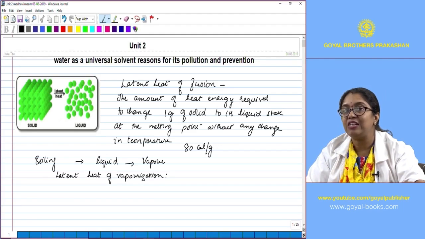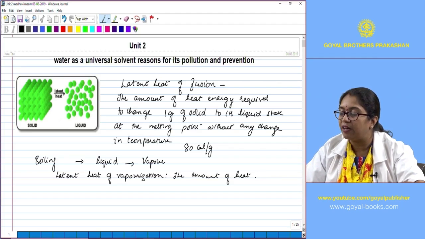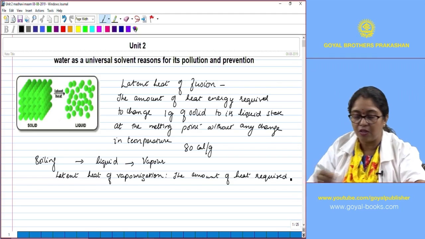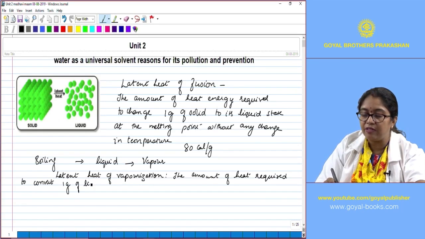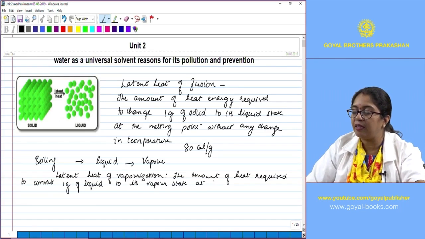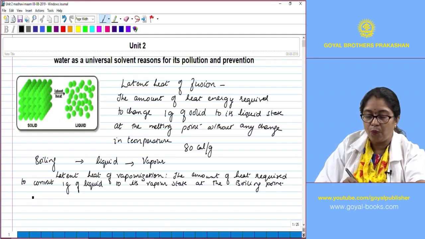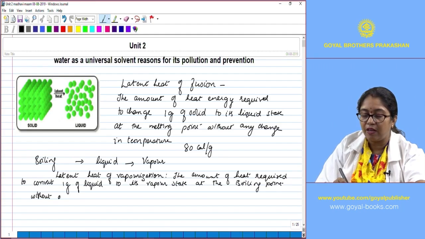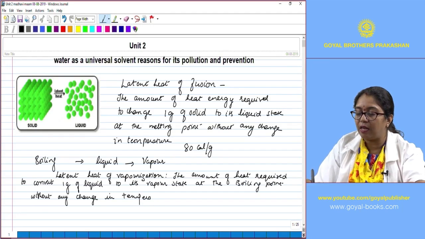Latent heat of vaporization is defined as the amount of heat energy required to convert 1 gram of liquid to its vapor state at the boiling point without any change in temperature.